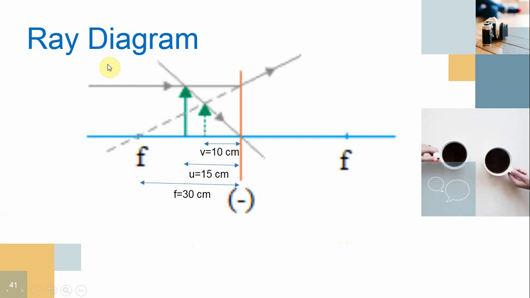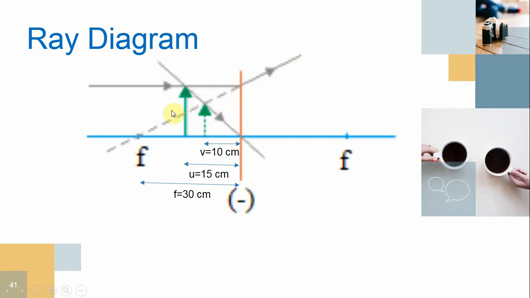This is the ray diagram for this problem. This is the focal length. Now we place the object between f and the optical center. This distance between the focus and the optical center is f is equal to 30 centimeter. Now we place the object here, that means u is equal to 15 centimeter. We take two rays: the first ray is parallel to the principal axis, and it is diverged, and another ray passes through the optical center.